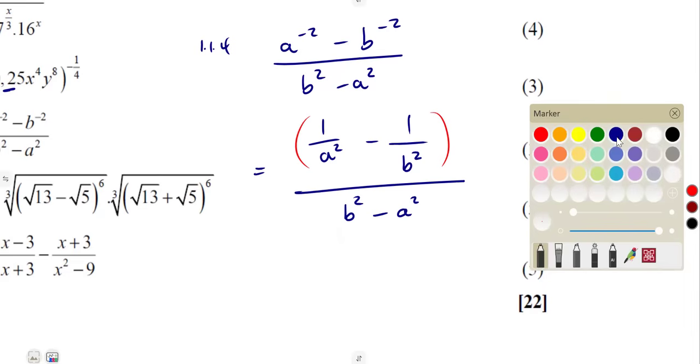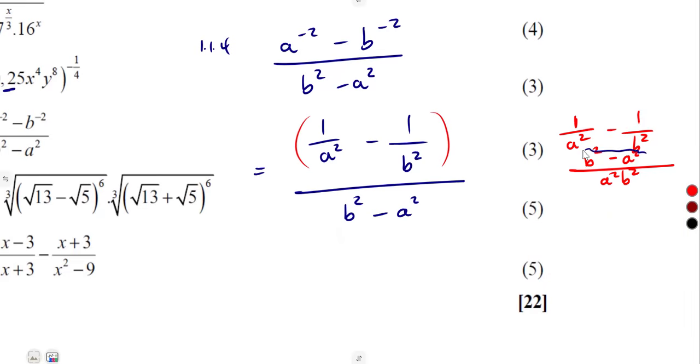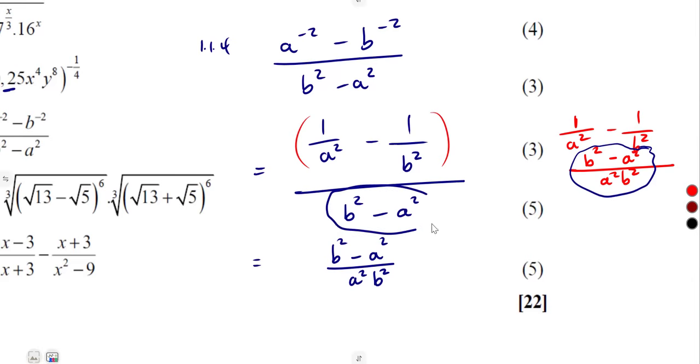All right. So this is what you're going to get in the numerator by adding these two. You're going to remain with b squared minus a squared over a squared b squared. So this is our numerator, which is being divided by this. So you can even just write it divided by b squared minus a squared. This is the one that I wrote here so that we do not have confusion.